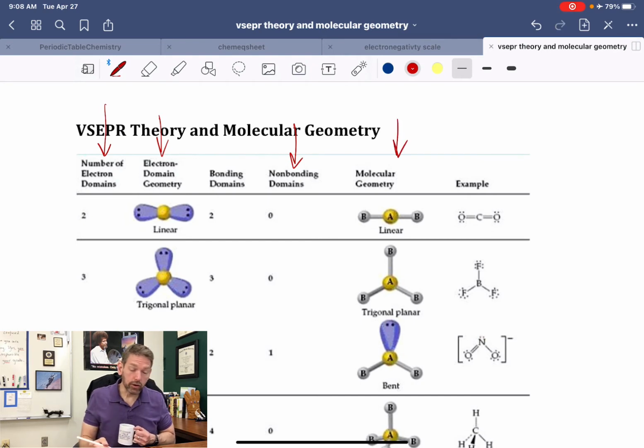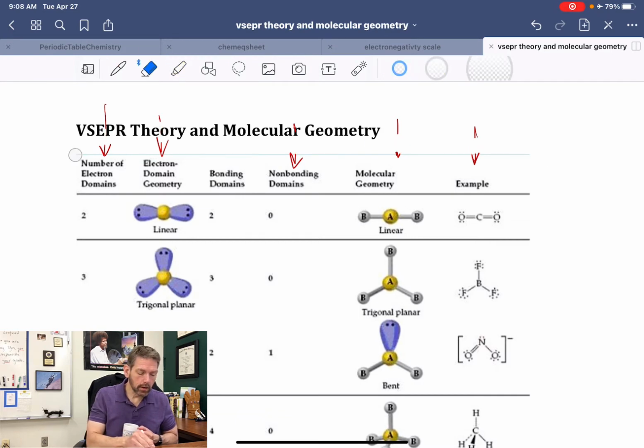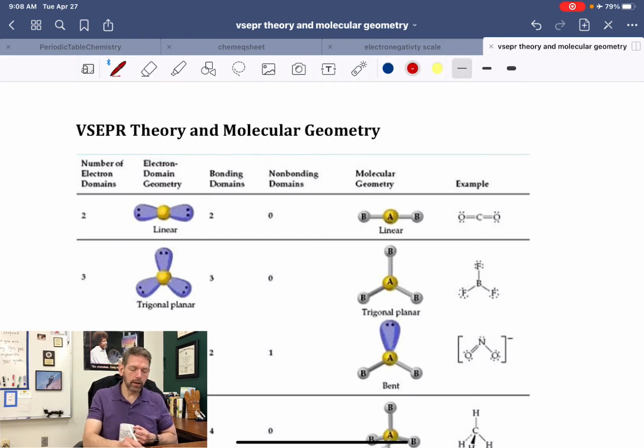Right here, molecular geometry literally means the shape of the molecule. And then, of course, there are some examples right here. You'll notice that there is an A and a B being used on all these examples.